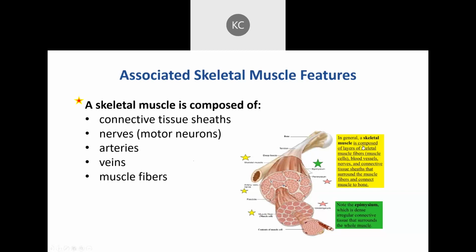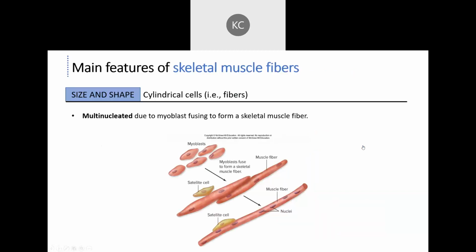So when we look at these muscle cells, there are different features, different characteristics of them, right? So if you recall from histology, whenever we looked at our muscle tissue, which was one of our 4 main tissue types, we said that skeletal muscle was multinucleated, okay? So that's just a term meaning we have multiple nuclei for one cell, right? So some cells are mononucleated, some are binucleated, some may be multinucleated.